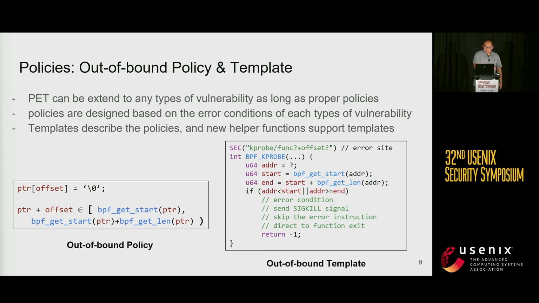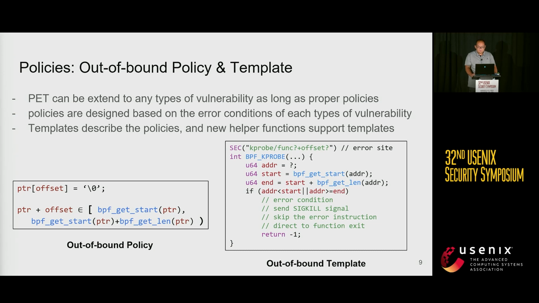After the mechanisms, let me introduce the overlay error-dependent prevention policies. Policies are designed based on the error condition of each type of vulnerability. For example, here on the left, the out-of-bound policy: the address of a pointer plus an offset must be in the pointer's legit range, otherwise the error is triggered.